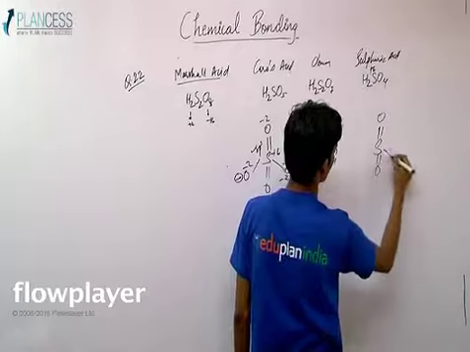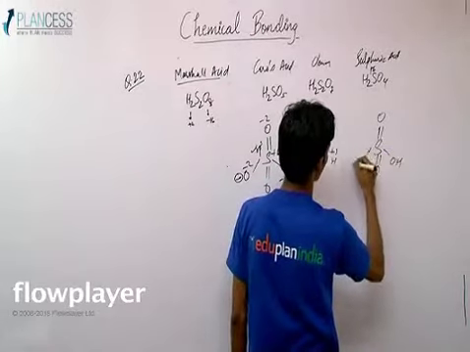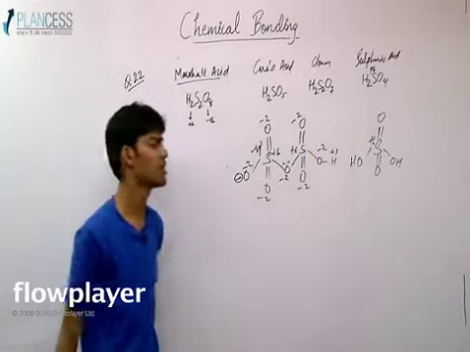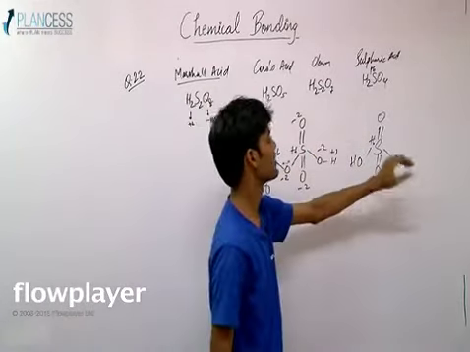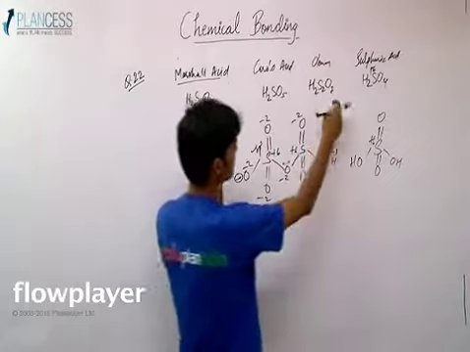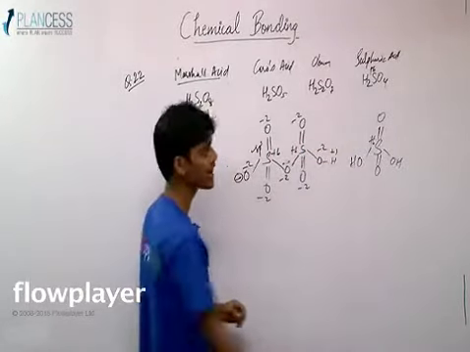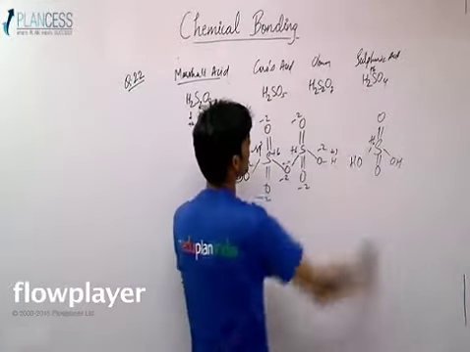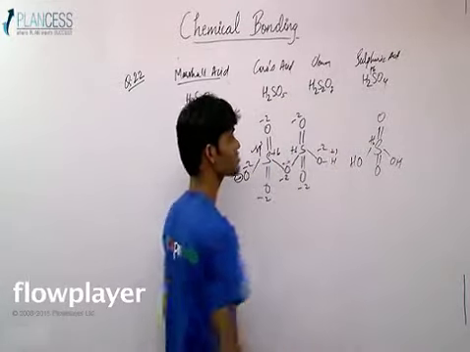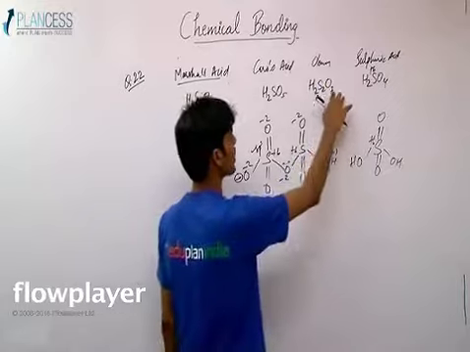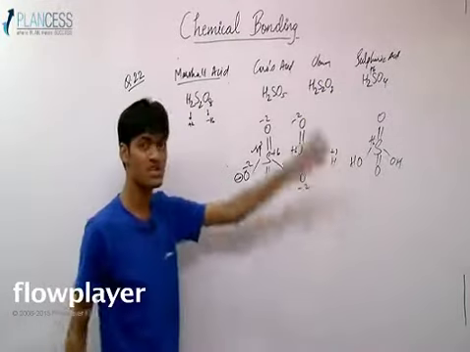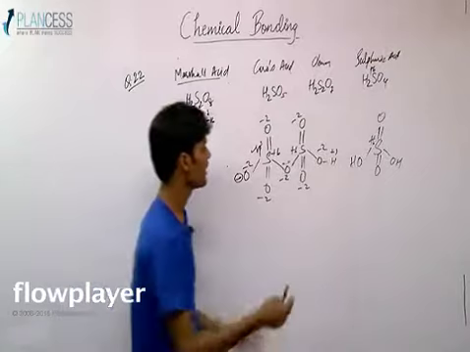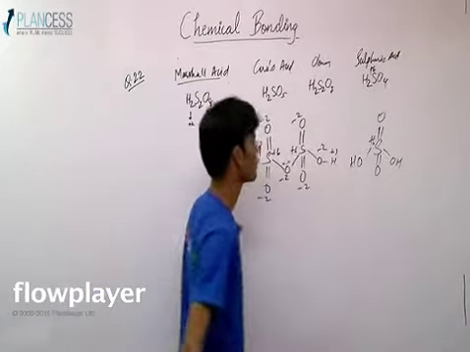So it would be something like this, OH here and OH here in the +6 oxidation state. All the oxygens are in -2 state and all the hydrogens are in the +1 state. So the rule was this: if the number of oxygen is odd, and if you assign the -2 oxidation state to each oxygen, and the resulting oxidation state of sulfur is in a valid range, then it would always have an SOS bond.